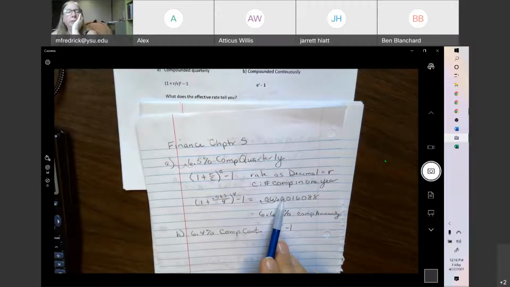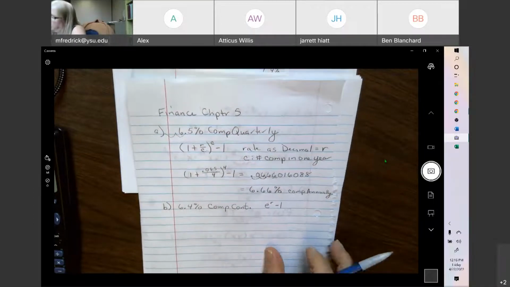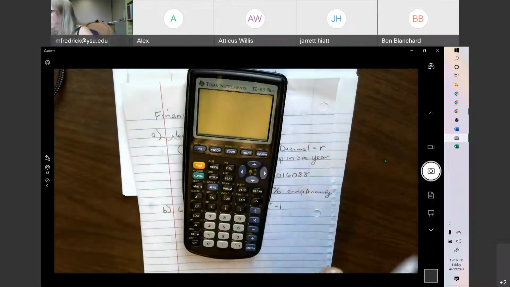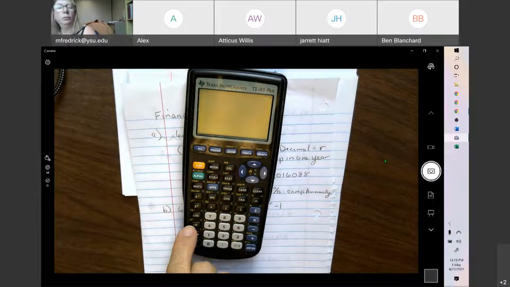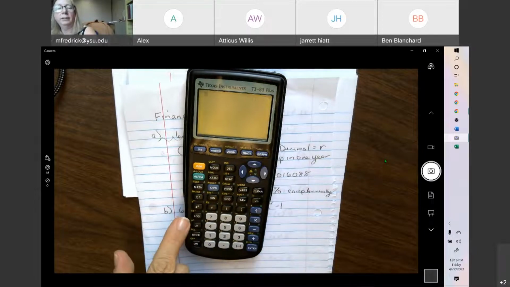Is there any questions on it? This one, the E button is with your natural log. So wherever your natural log is on your calculator, the E is with it because they're inverses.